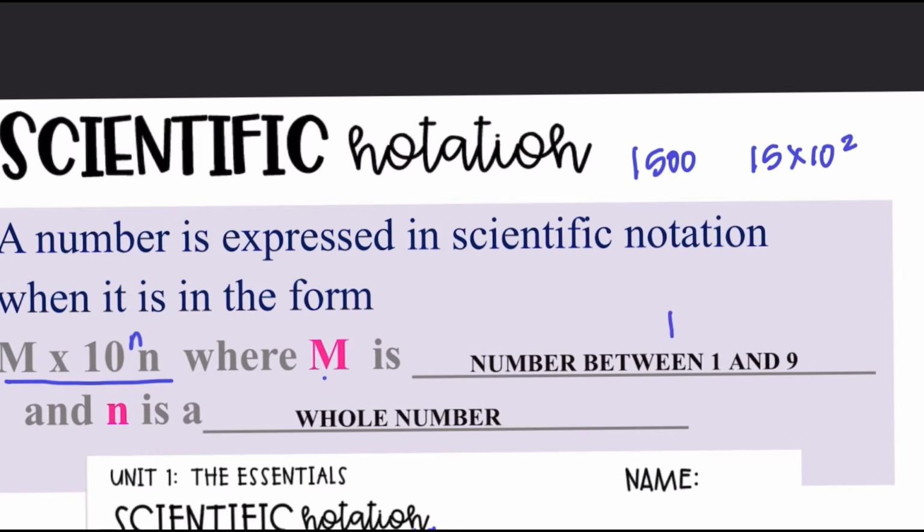Okay, this number has to be between 1 and 9, so we would put 1.5 times 10 to the third. And n, the little exponent, is a whole number, so you're never going to have like 1.5 times 10 to the 2/3. Okay, you're not going to have a fraction or a decimal up there. Those will be whole numbers.